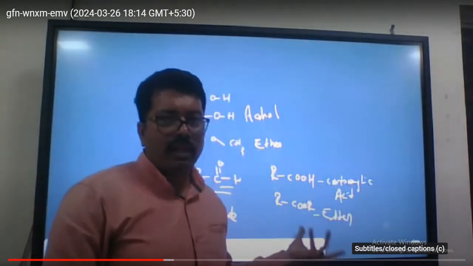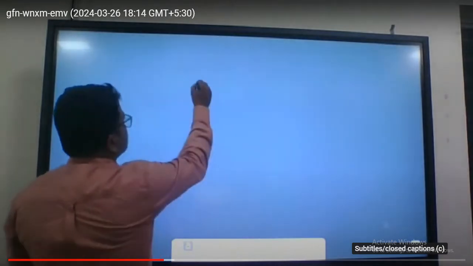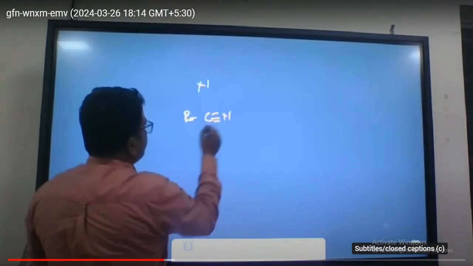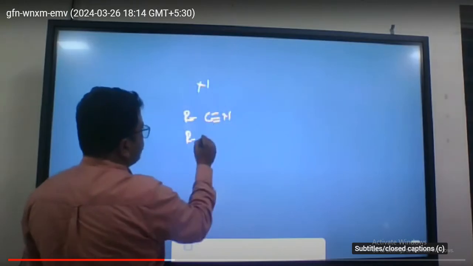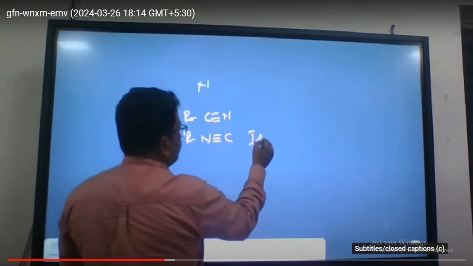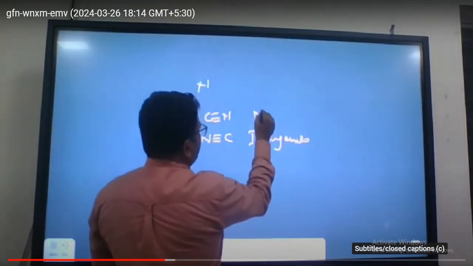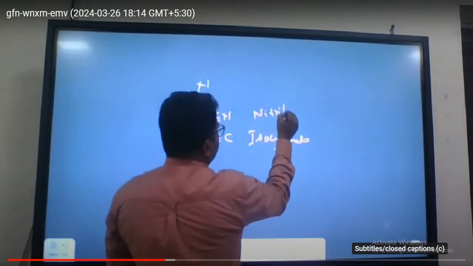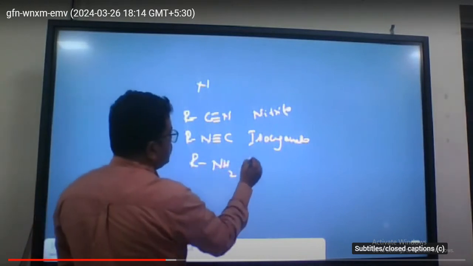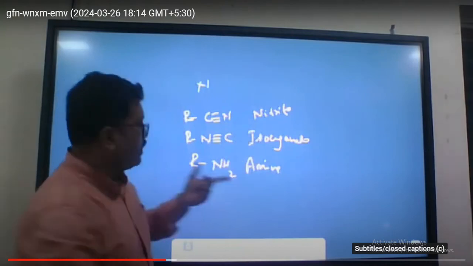Some functional groups present in organic molecules contain nitrogen. So this is nitrile. And this is isocyanate. This is nitrile, amine. The functional group names: amine, isocyanate, nitrile, amide.